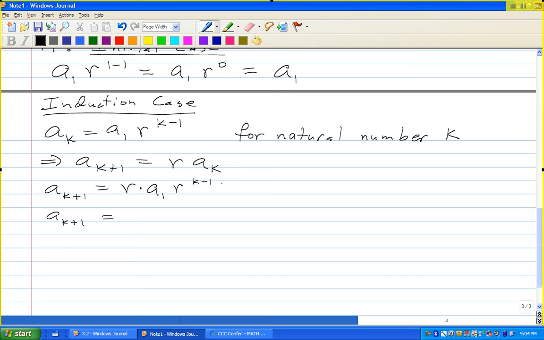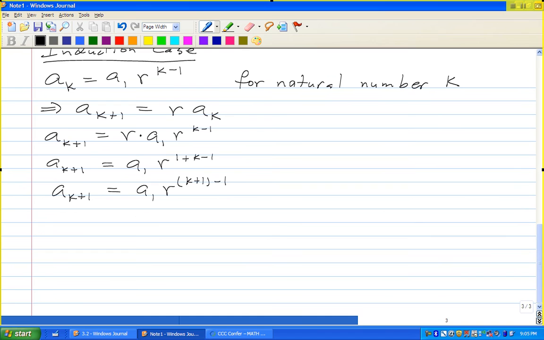Okay, so let me multiply this. I have r to the first times r to the k minus 1, which is, well, just add the exponents. Now let me rewrite this exponent. Instead of 1 plus k minus 1, let me write it as k plus 1 minus 1. And well, that shows that the formula works. The formula works for a sub k plus 1.